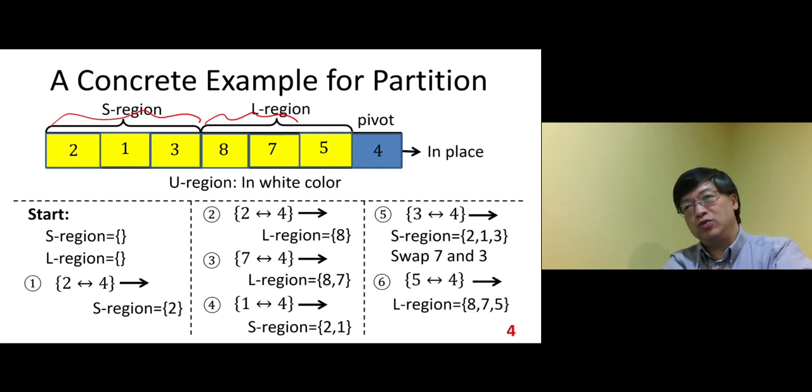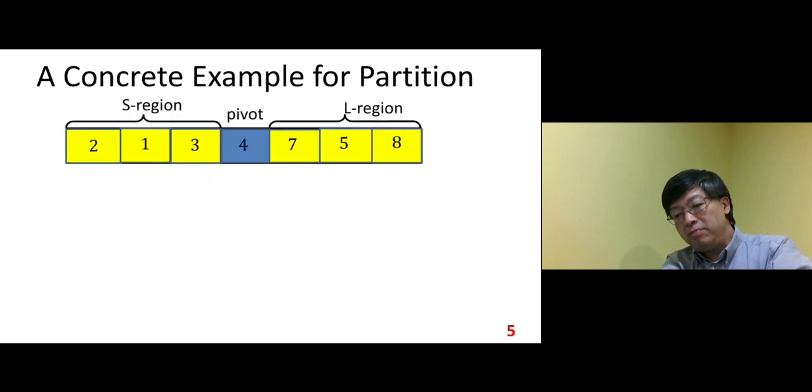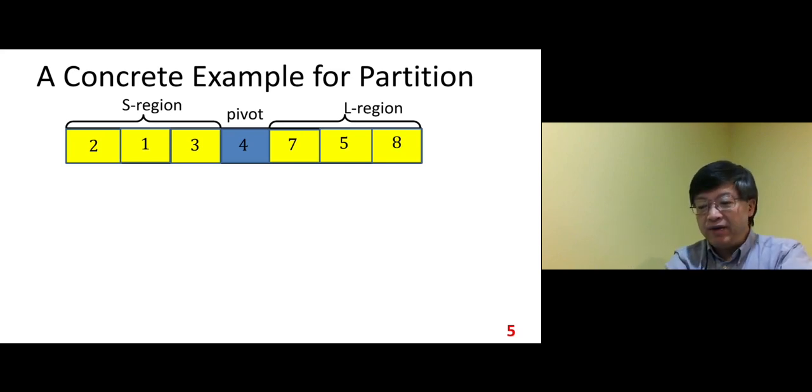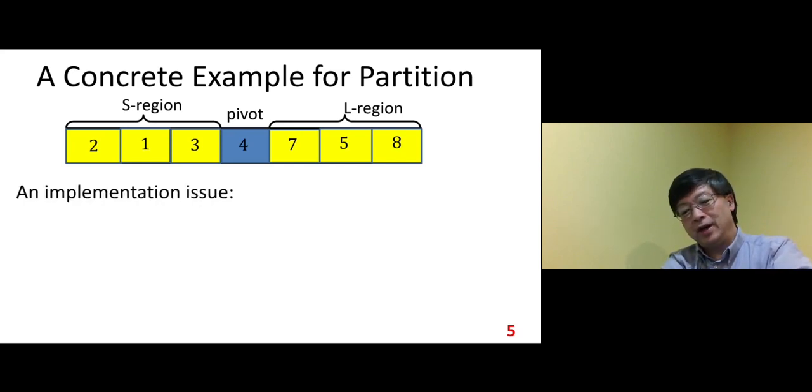With the experience we had before, now it's easy, another swap, right? This time we swap 8 and 4, we can put the pivot element in place. After that, you can see S region, pivot, L region. That is a perfect partition.